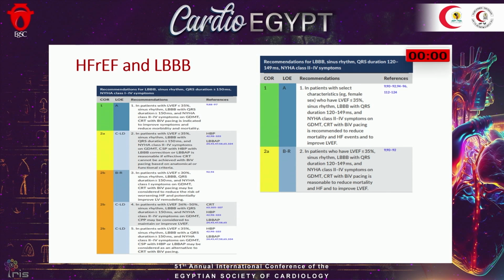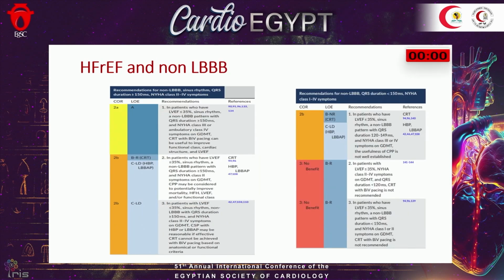His bundle conduction system pacing, either His bundle or left bundle area pacing, is class 2A, especially in patients who have difficulty with CRT implantation or are non-responders to CRT. But there is still a limited role of conduction system pacing in non-left bundle branch block because of limited studies on this topic, especially since they only tried it with His bundle pacing, not left bundle area pacing.